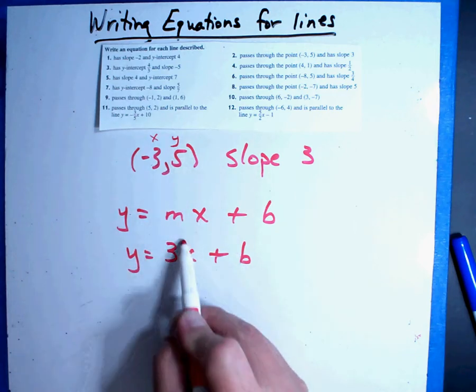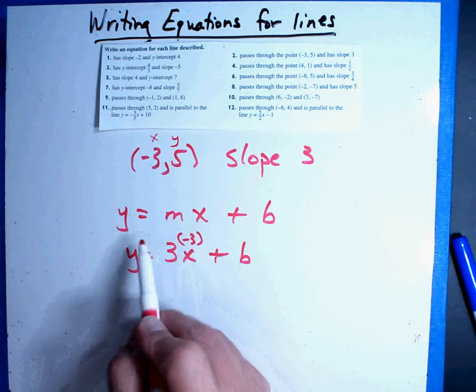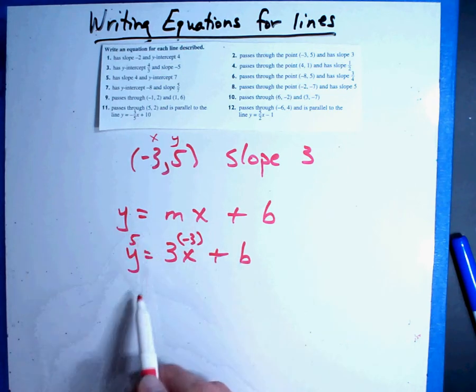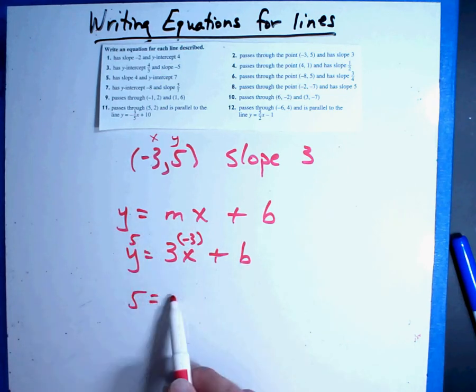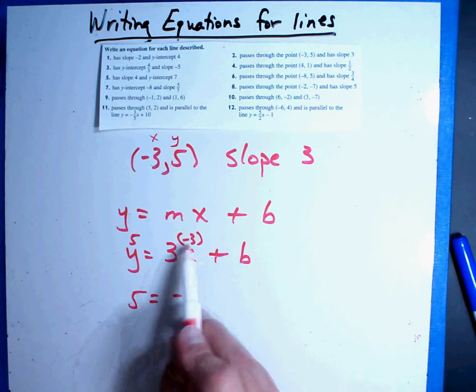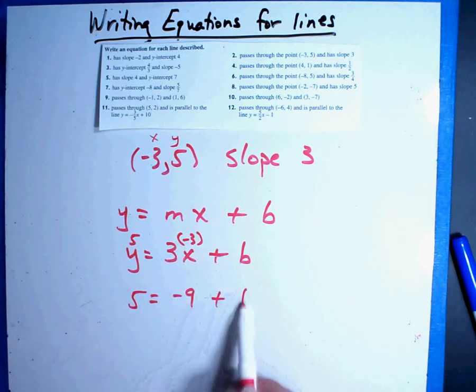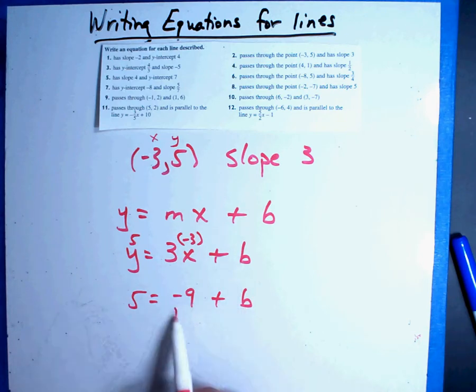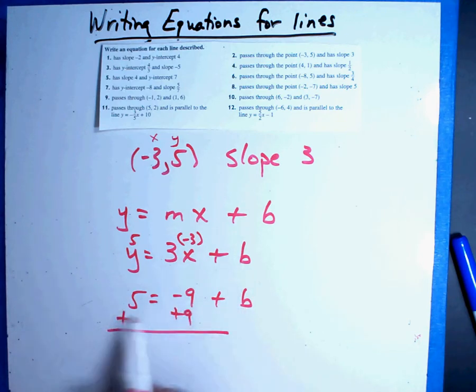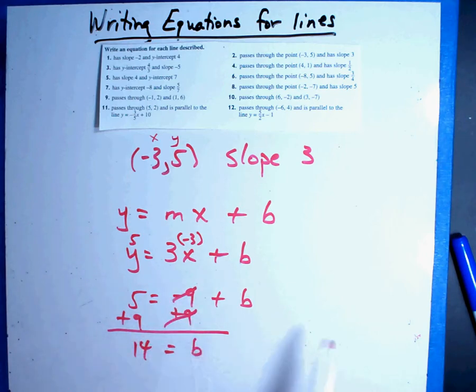If x is -3 and y is 5, so 5 equals 3 times -3, which is -9, plus b. Well, there's the letter. I've got to get that moved away, so I have to add 9 on both sides. That's 14 equals b.